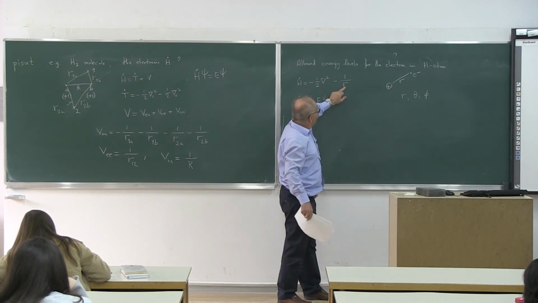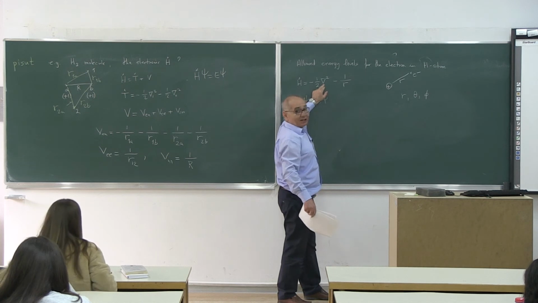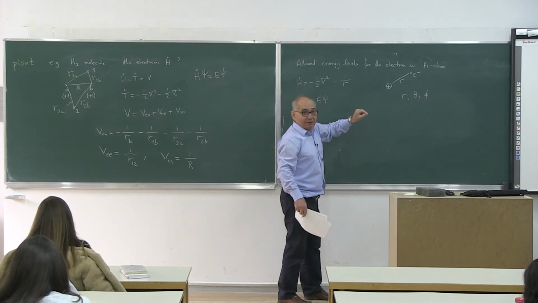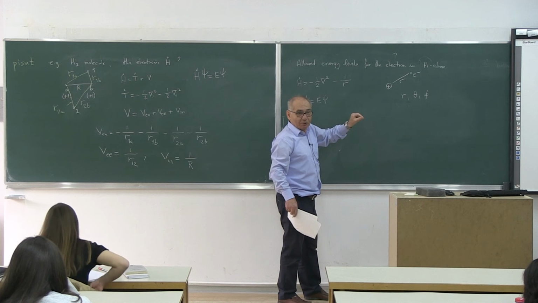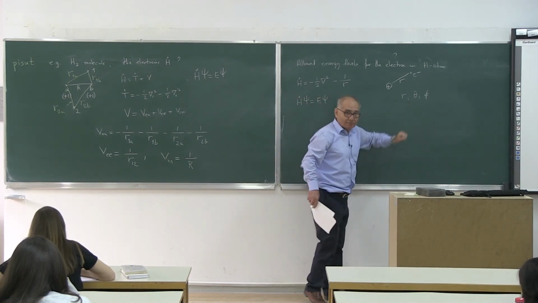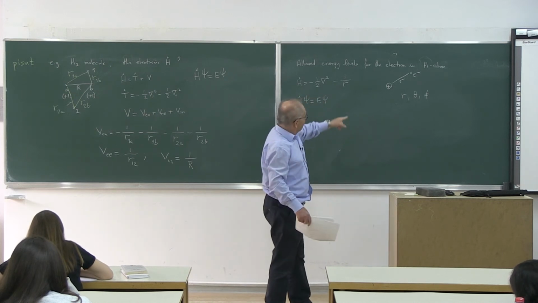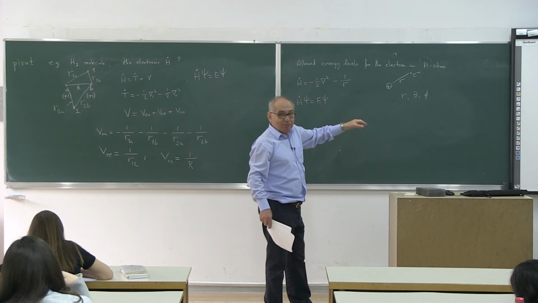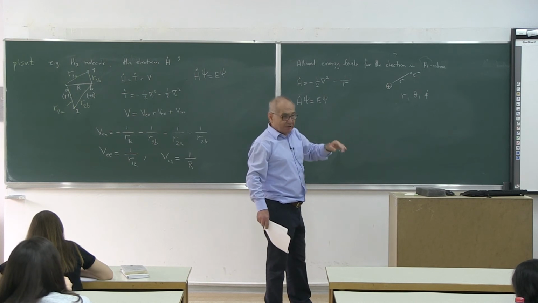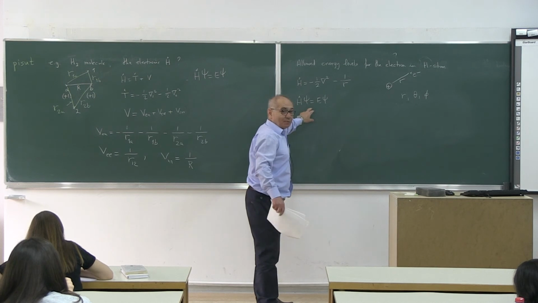Okay? But then, the kinetic energy expression must be converted from Cartesian type into these variables. It turns out that using the second type, the spherical polar type variables, makes the solution of this problem easier.